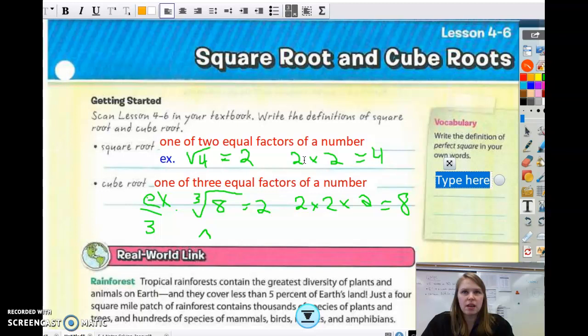So we could say a whole number, I guess we could say an integer, right? Whole number means no negatives. An integer, so non-decimal.